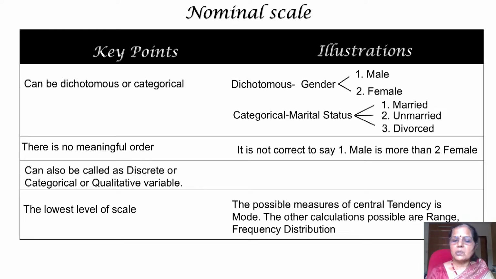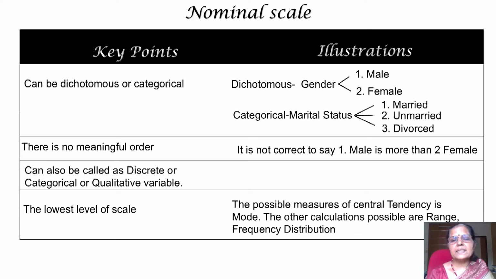So these variables are also called discrete variables or categorical variables or qualitative variables. And for measuring these variables, only nominal scale can be used. Nominal means name. Names are used only to identify or categorize the objects, nothing more. Hence, this is considered to be the lowest scale of measurement.